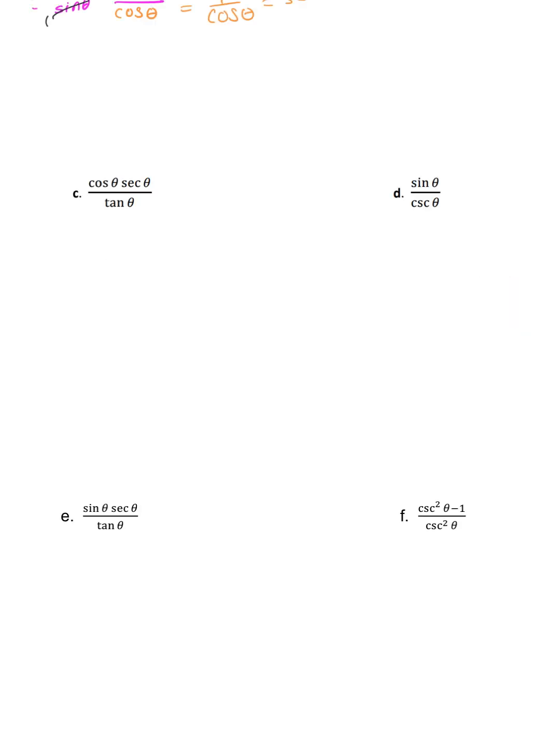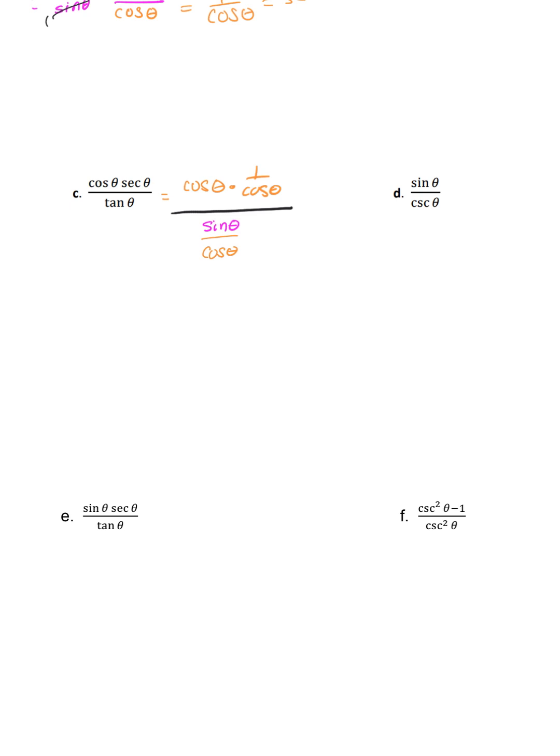All right, next problem. So cosine theta is the same, so I'm just going to go ahead and write this as cosine theta. Secant theta is 1 over cosine theta. So I'm going to multiply that by 1 over cosine theta. Okay, this is my big bar, so all of that's being multiplied together. And then on the bottom, we have tan theta. We can change that to sine theta divided by cosine theta.